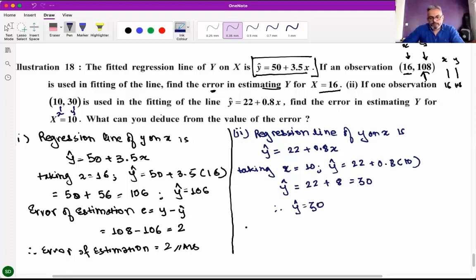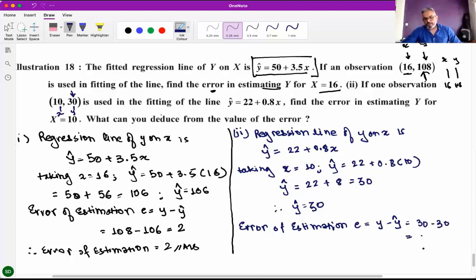Now, error of estimation E is equal to y minus y cap, which is equal to, now what is y? Historical data says y is 30 when x is 10. So 30 minus 30, which is equal to 0.